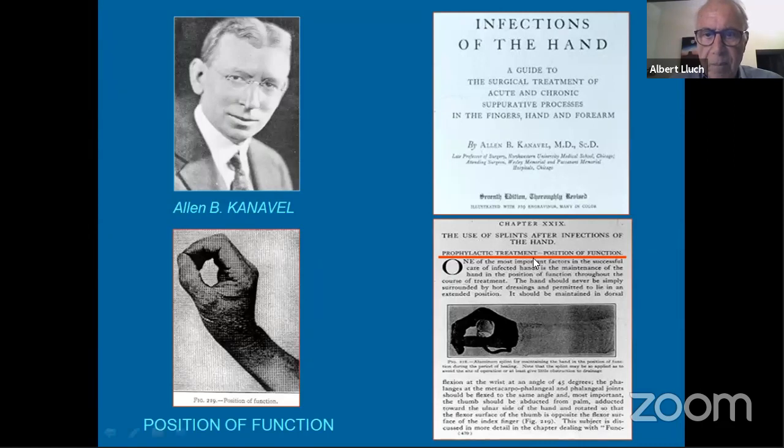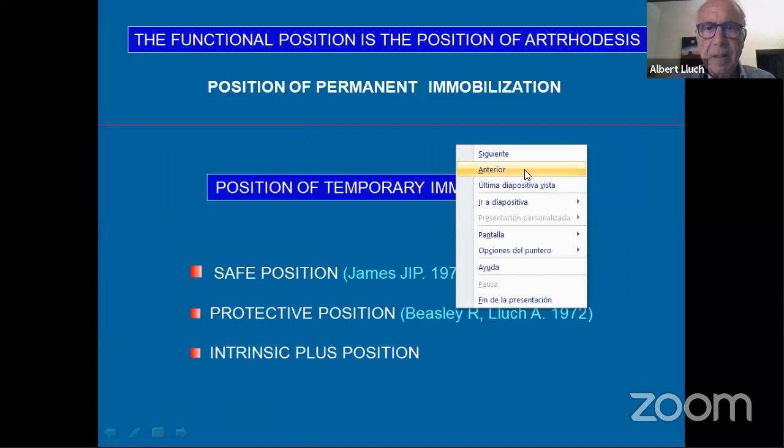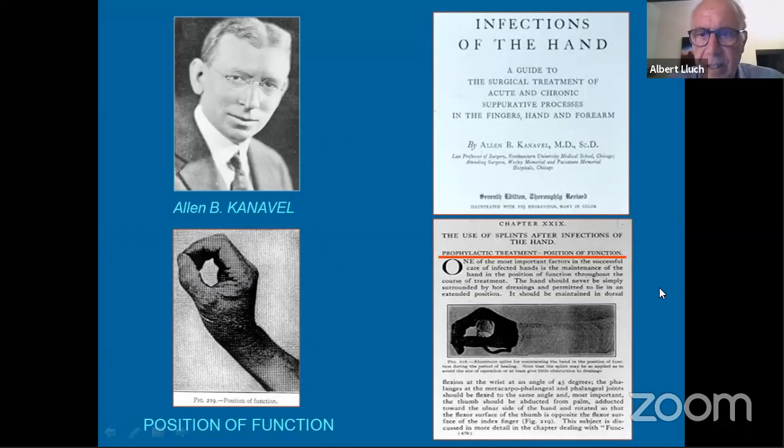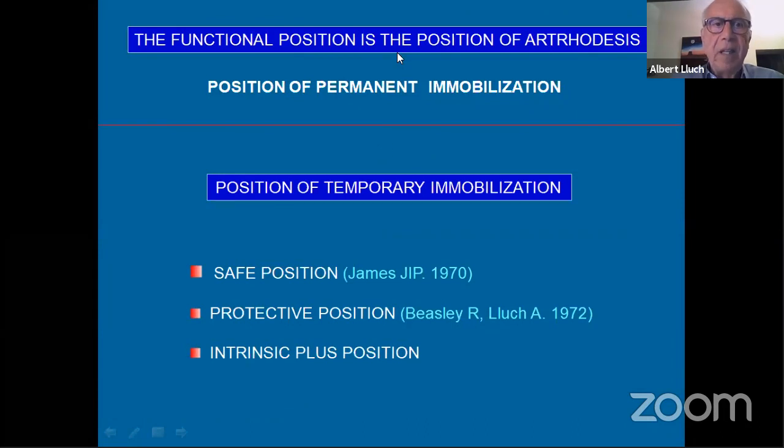And they called it the position of function, which Sterling Bunnell called the functioning position. But the functional position is the position of arthrodesis, the position of permanent immobilization.